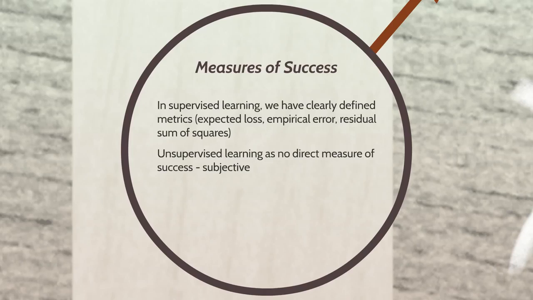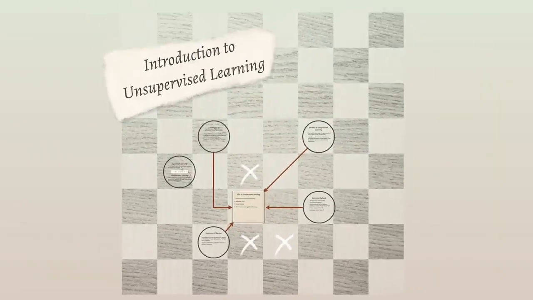However, in unsupervised learning, there isn't that clear direct measure of success. We'll talk later, in k-means clustering, about how we can use something such as Euclidean distance to produce a measure of similarity or dissimilarity. However, that is going to vary depending on the methods that we employ. So it's important to keep in mind that unsupervised learning doesn't have a clear measure of success.